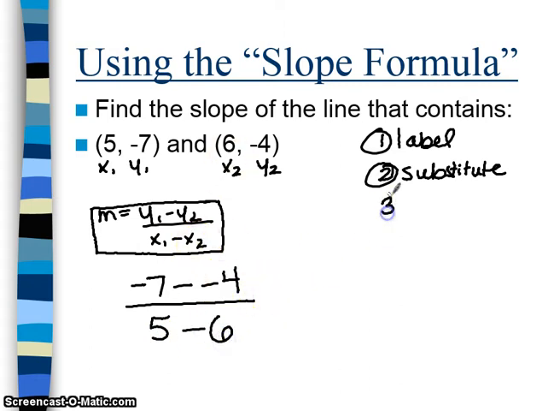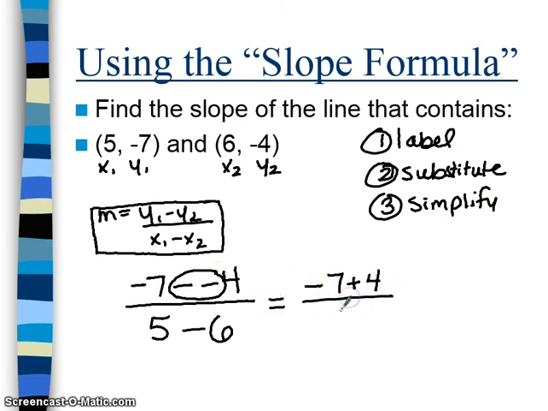Now, step 3, simplify. We have minus and negative, so we're going to rewrite that as a plus sign. So we have negative 7 plus 4 over 5 minus 6. Negative 7 plus 4 is negative 3. If you owe 7 and you pay 4, then you still owe 3.